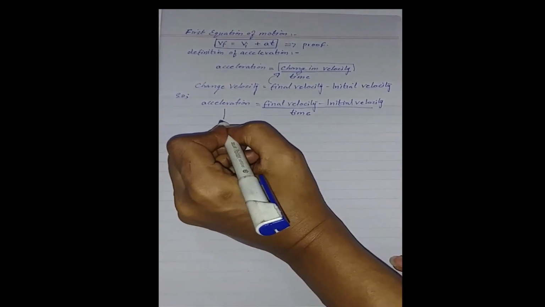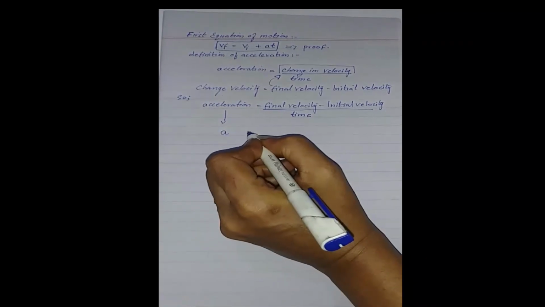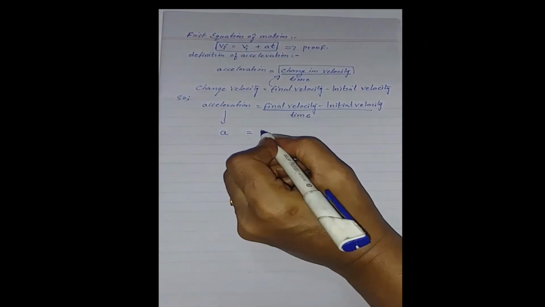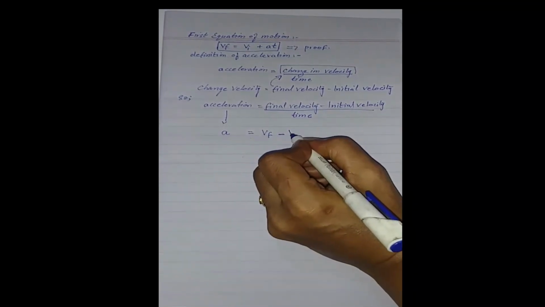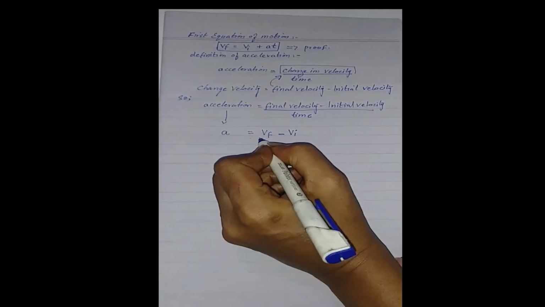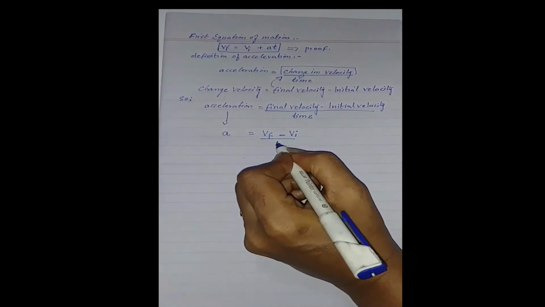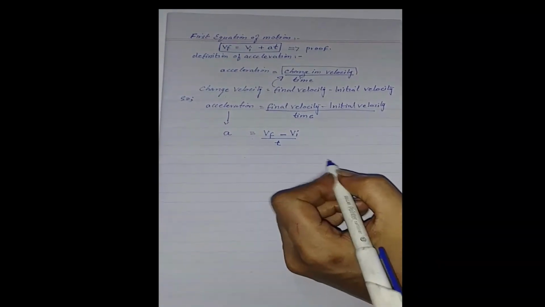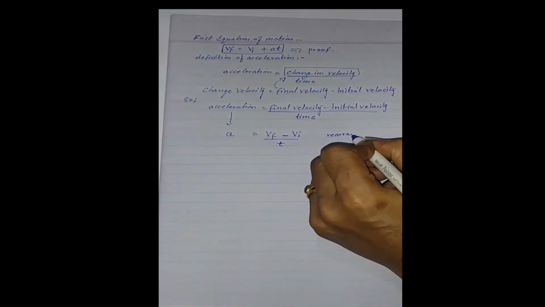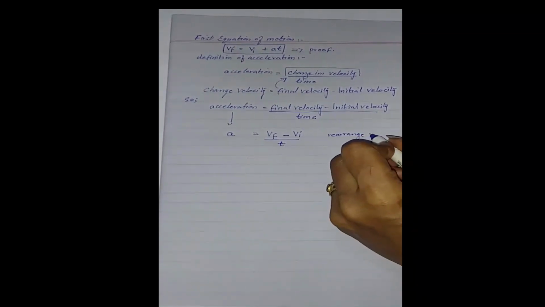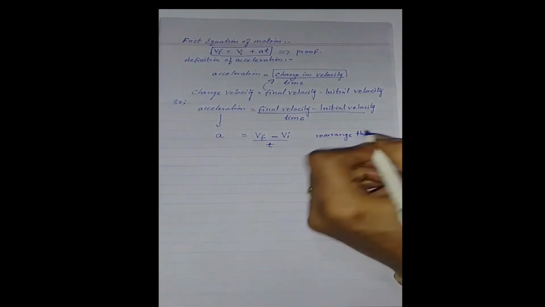For acceleration we use a variable a, for the final velocity we use a variable Vf, minus initial velocity we use a variable Vi, and for time we use t. Now simply we are going to rearrange these variables.